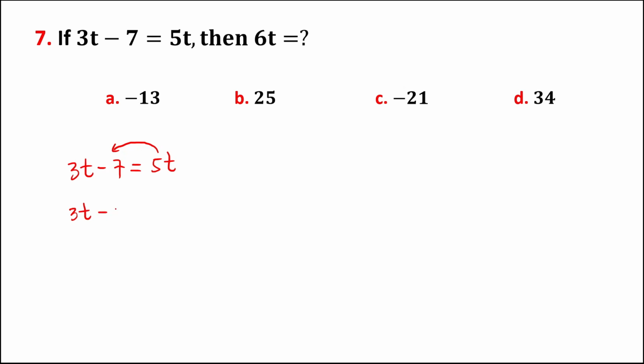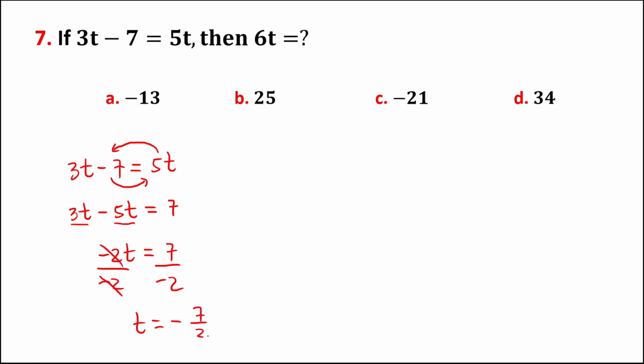So this becomes 3t minus 5t equals, transpose this negative 7, that becomes positive 7. And this 3t minus 5t, this is negative 2t, equals 7. Then divide both sides by negative 2. So t equals negative 7 over 2.